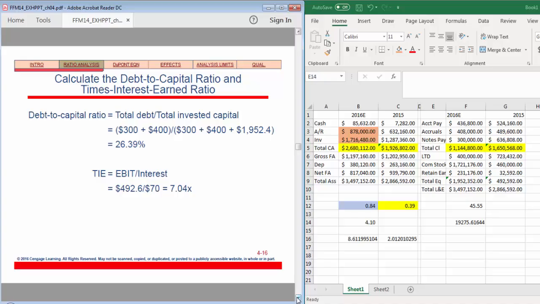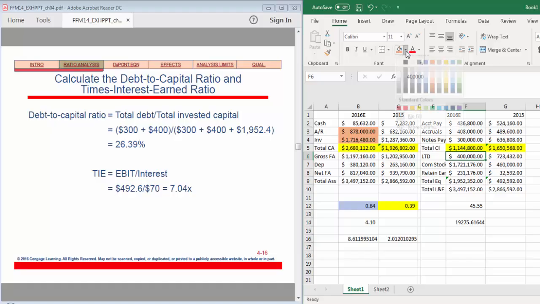Debt to capital ratio: that is the debt that the company has taken, and what percentage it is compared to total invested capital. We can get that from the total debt, which is coming from this long-term debt and notes payable.